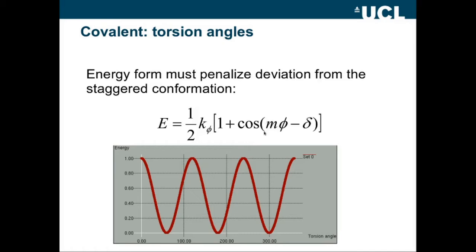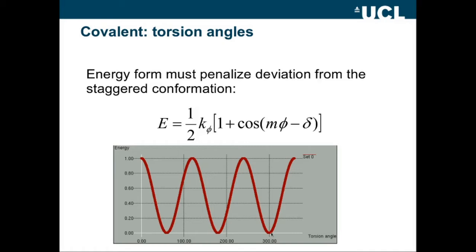So if we put a constant m here of 3, then we will get a curve that looks like this, with maxima at 0 or 360, 120, 240, and minima at 60, 180 and 300 degrees.